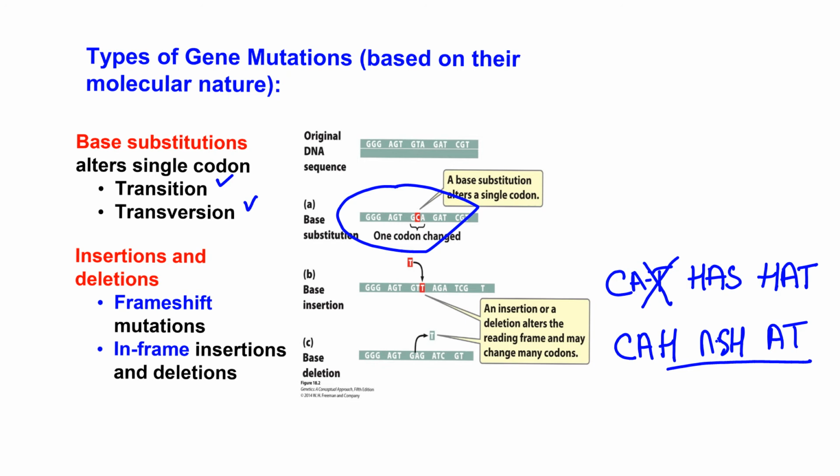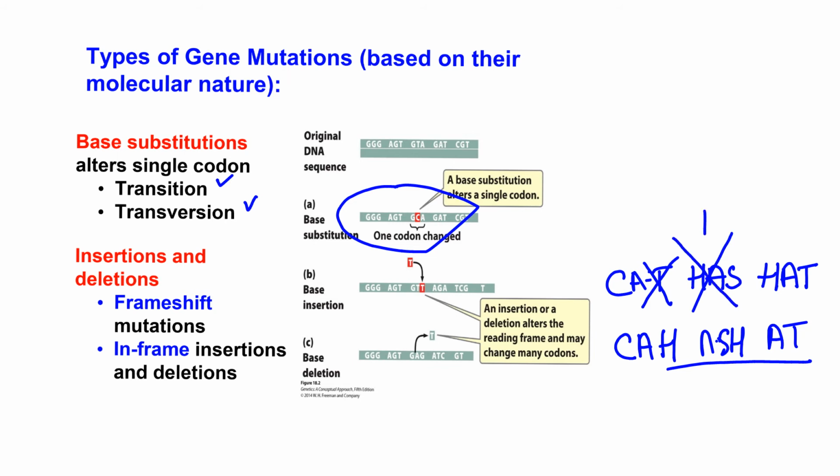You change the reading frame, you change the coding. So basically the codons after this mutation will be changed, so they will encode different amino acids and the polypeptide will be changed. Now if there is a so-called in-frame insertion or deletion, the reading frame can be restored. What does in frame mean? You delete or insert 3 nucleotides. It's like here, what if instead of deleting T, you delete has?